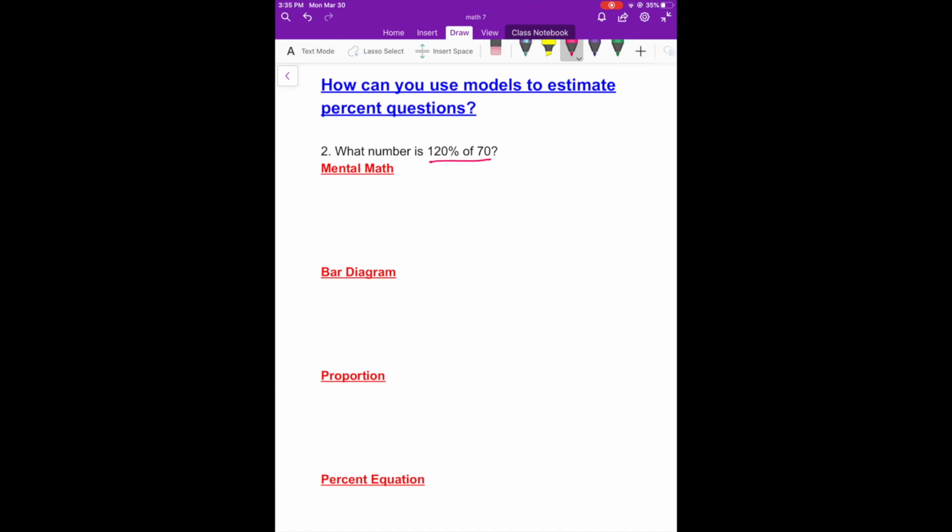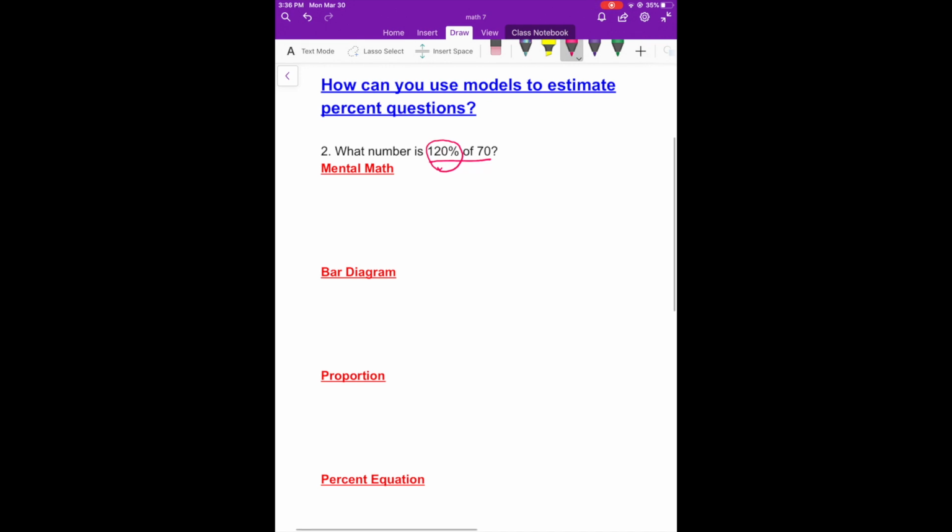It's better to have an idea of a reasonable answer, so you can always look back to your answer and see whether the answer is reasonable. So 120% means it's more than 100%. That means it is going to be more than 70.